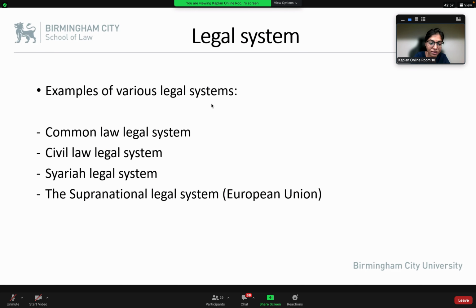Then we have the Sharia system. The Sharia system is, of course, based on, I wouldn't say it's based on the Quran. Sharia law is separate from what you find in the Quran, although many have argued that the Quran is the basis of the Sharia law, right? But of course, this governs Muslim affairs such as marriage, right?